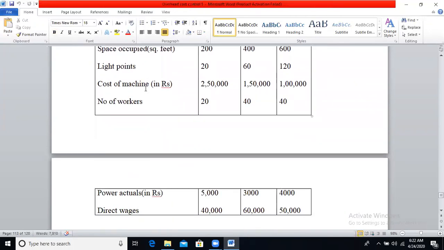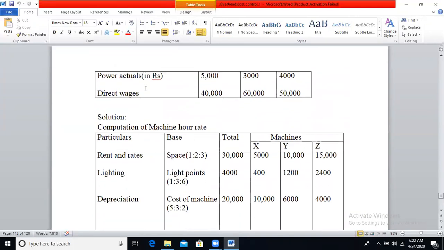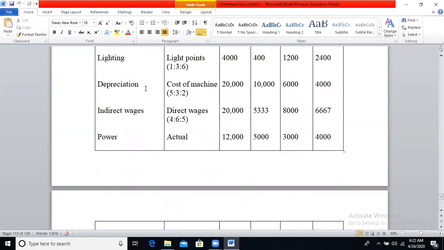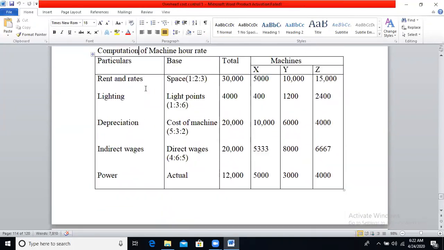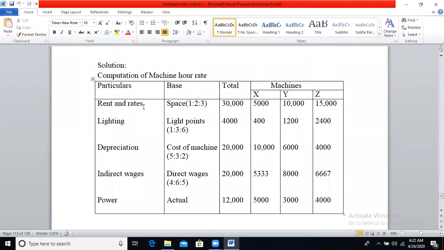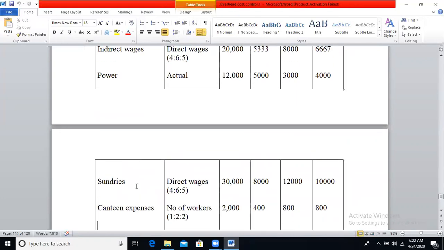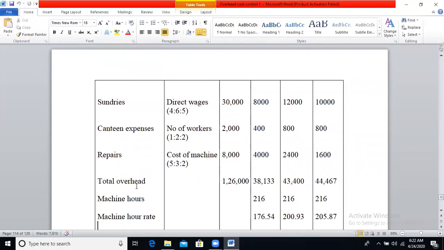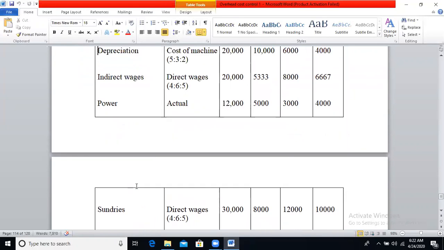And they have given power actual value, you have to consider actual value. We have considered all the expenses mentioned in the problem.